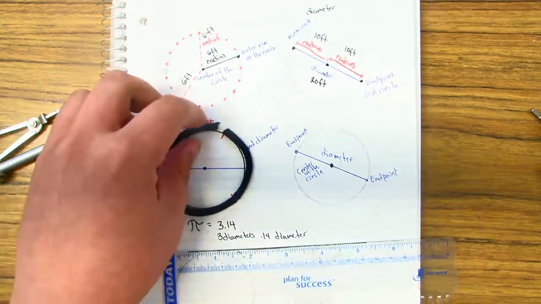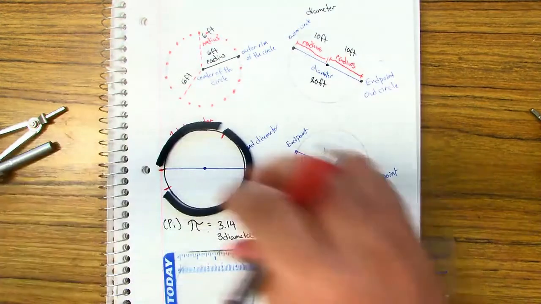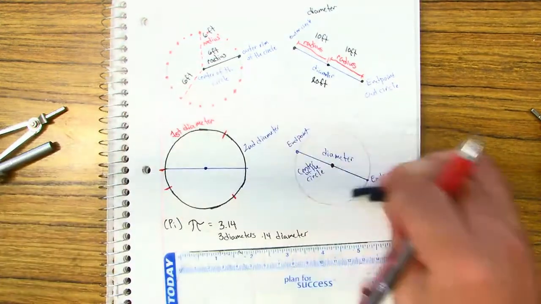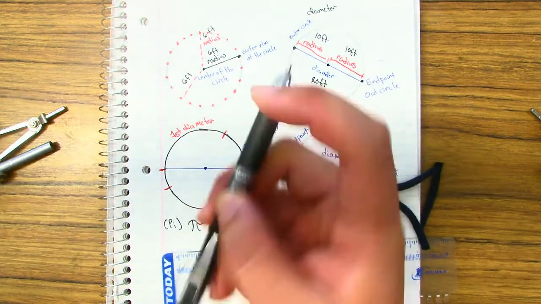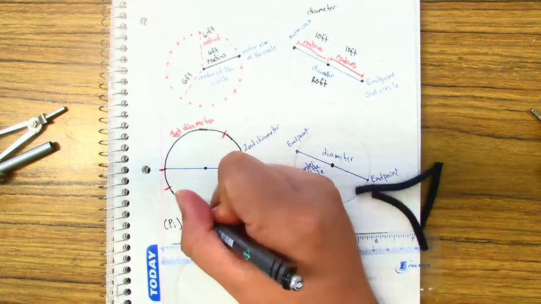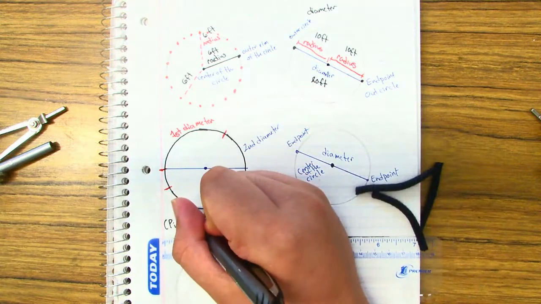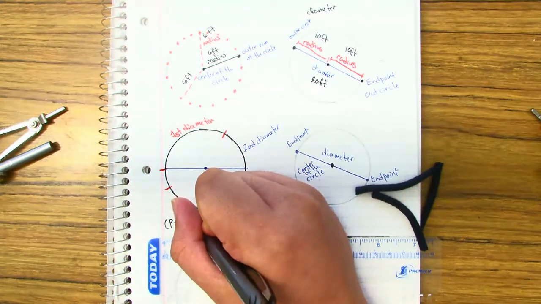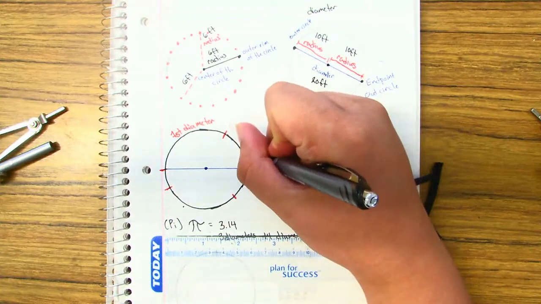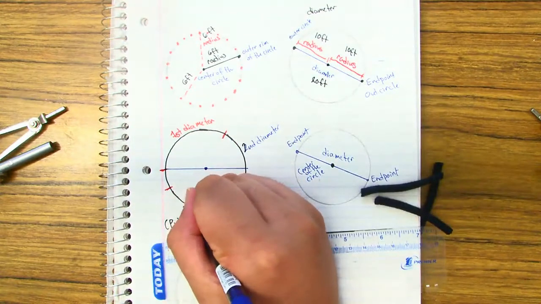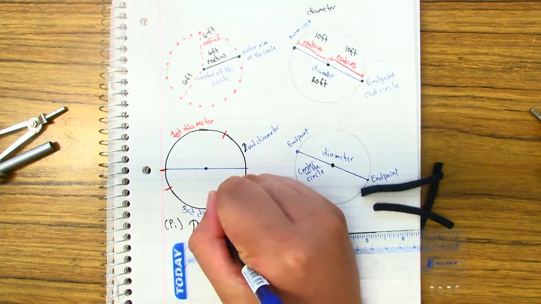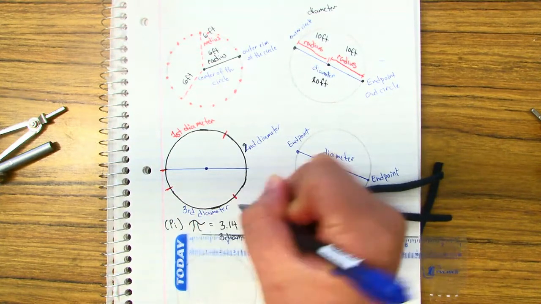When we remove everything, you have the third diameter, right? From this point to this point, let's draw it in blue, will be our third diameter.